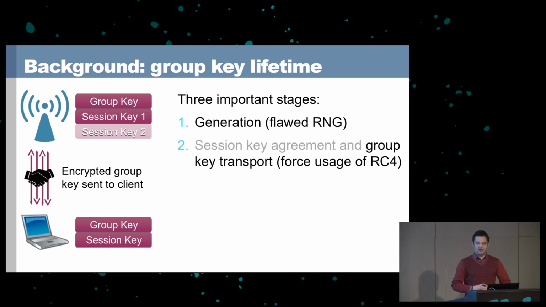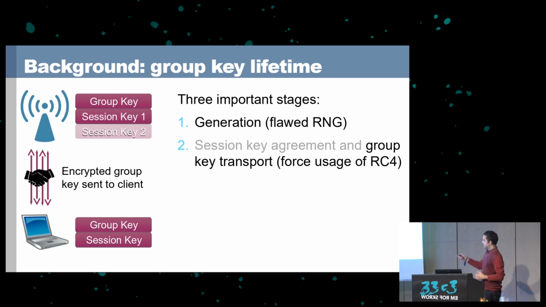And what we found here is that we can manipulate this handshake as a man-in-the-middle attacker, and we can then force usage of RC4, meaning the group key, when it is being transmitted from the access point to the client, is encrypted using RC4. And RC4 is an insecure cipher. You should not use it. And in this context, currently it's a theoretical attack, but we do have an attack against the way RC4 is used in this situation.